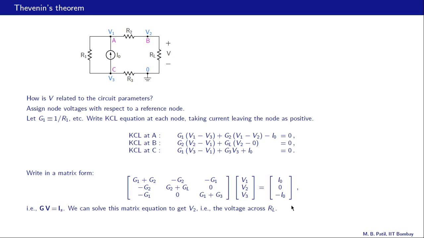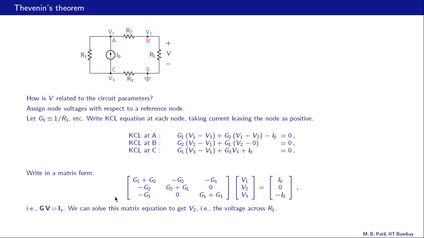All right. Now, if you recall, our objective is to find a relationship between V and the rest of the circuit, and in order to do that, we want to solve this matrix equation and obtain V2, since V2 is the same as V here, because this node voltage is 0. And V2 can be obtained using Cramer's rule.